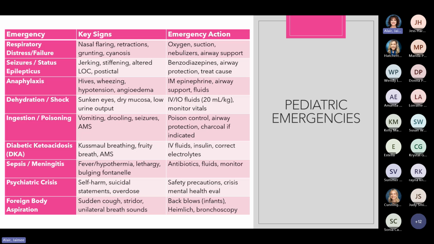A lot of these things, if you look at them together, they overlap. So you may think that it's wheezing, so you think the patient's having an asthma attack, and the next thing you know, they pop up with hives. And so your treatment is going to be the same for certain things. There are a lot of algorithms and treatments that really overlap with each other. And so you may be doing the same thing over and over again for different types of emergencies.